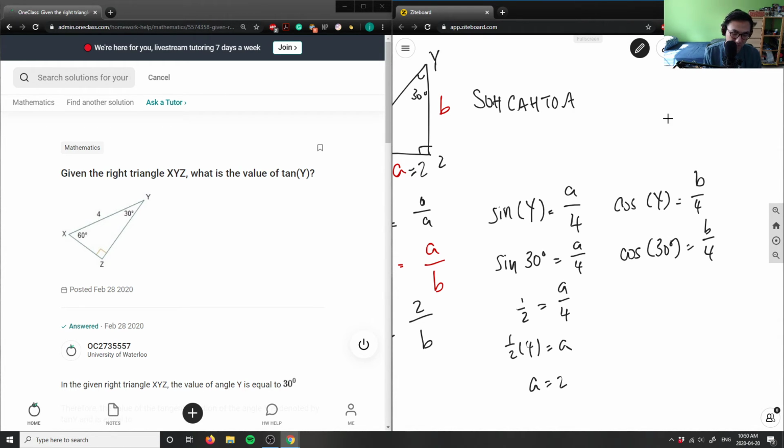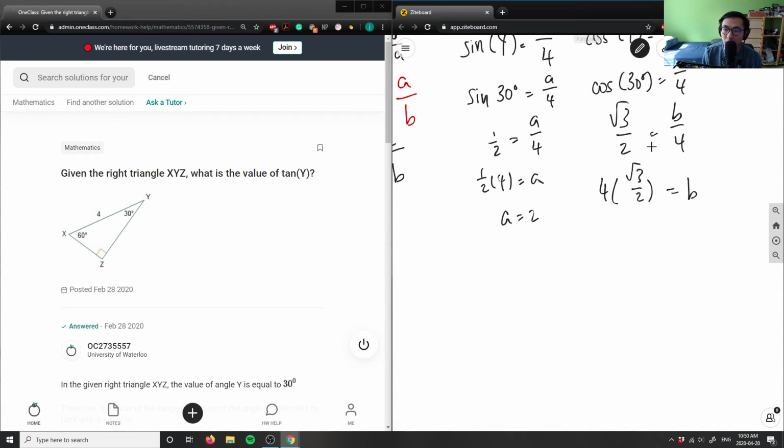Cos 30 degrees, I believe it is root 3 over 2. So I have root 3 over 2 equals b over 4. I can multiply both sides by 4 to get 4 times root 3 over 2 equals b here. And this cancels out this here too, so it means b equals 2 over root 3.